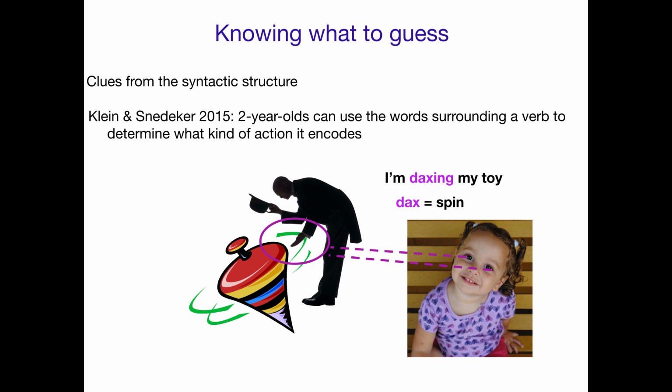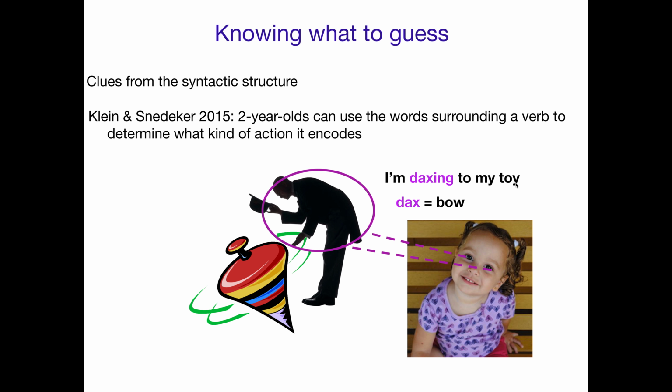And 2-year-olds can also use the words surrounding a verb to determine exactly what kind of action it encodes. So in this case, if you have this fellow who's bowing over and spinning a top, and you say, I'm daxing my toy, the I'm verbing my toy, right? That kind of frame. If children are able to use that syntactic frame, they realize this is supposed to be a verb, the kind of thing that goes here is an action, then they look at the spinning action. Versus if you change it ever so slightly, I'm daxing to my toy.